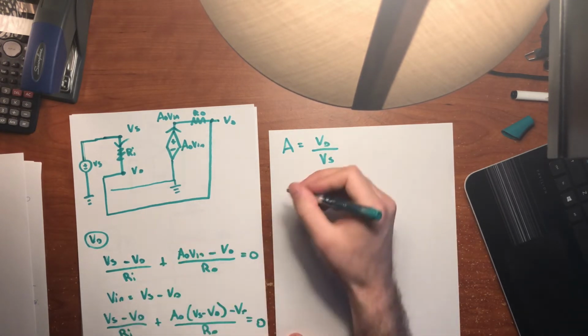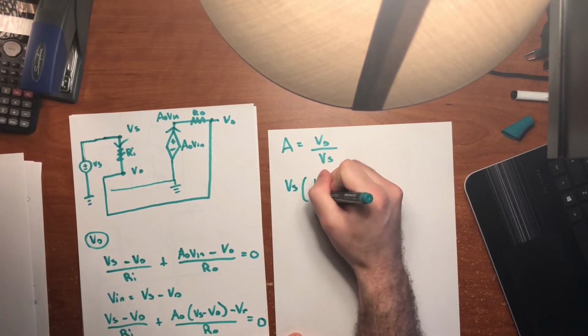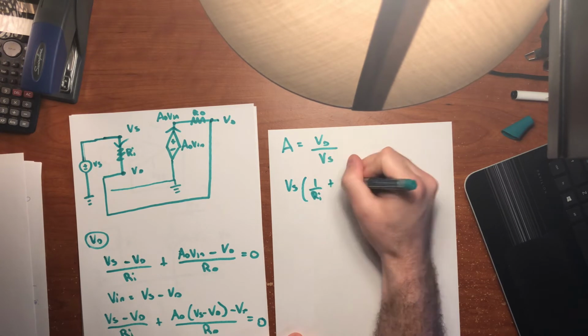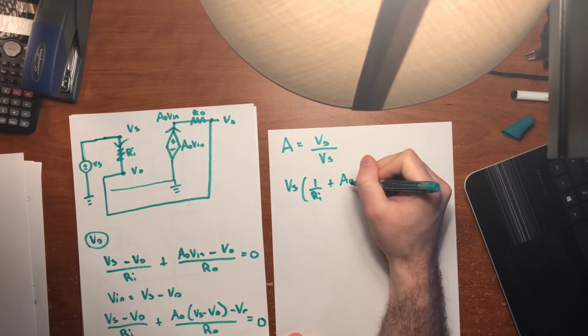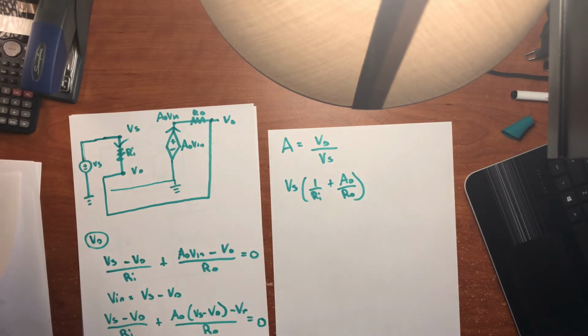So let's simplify this. So we'll say Vs is equal to 1 over Ri plus A naught over R naught, right?